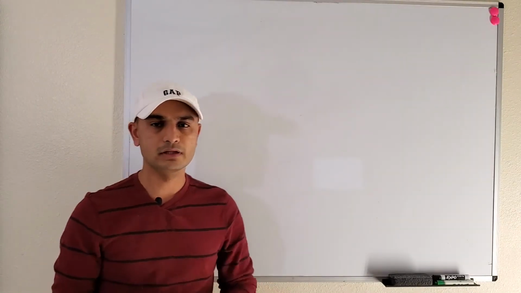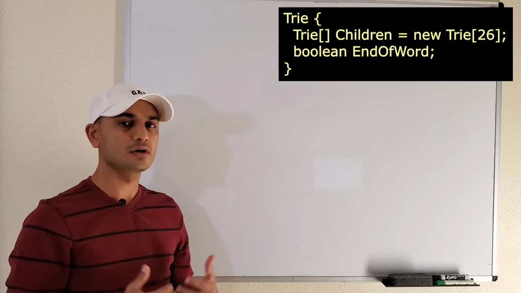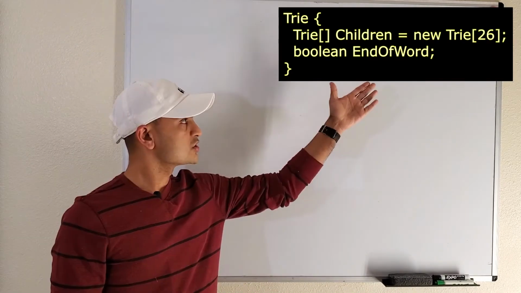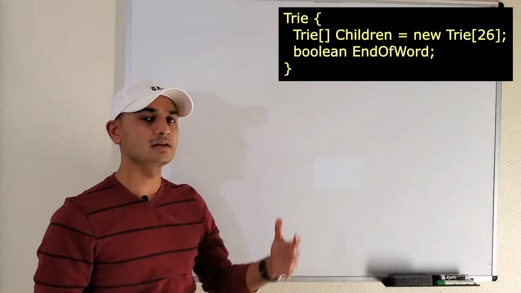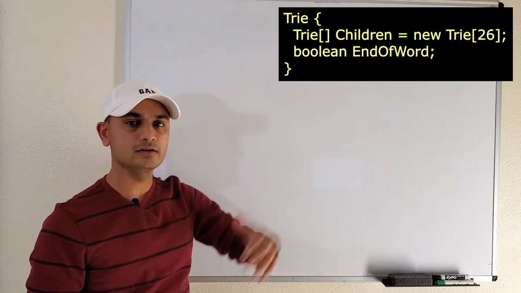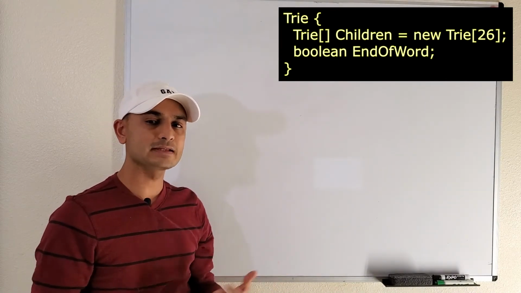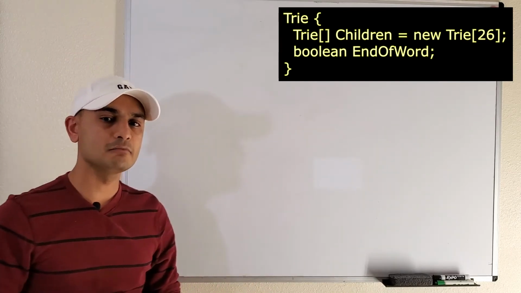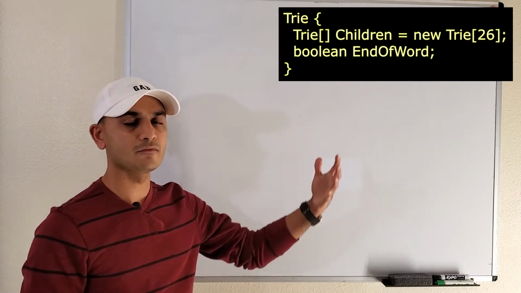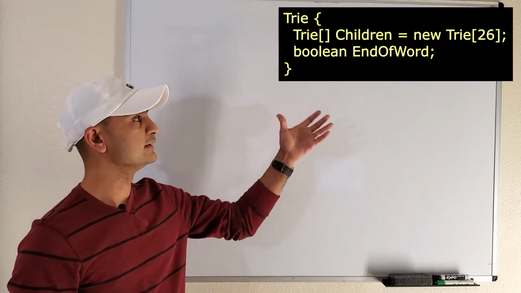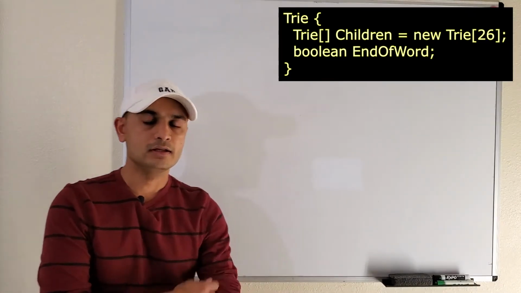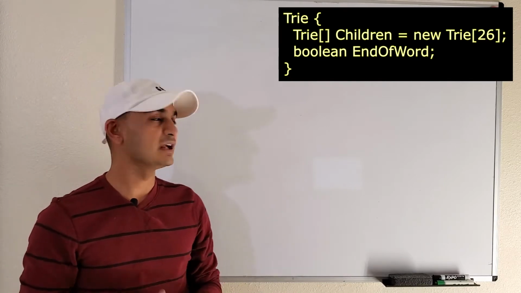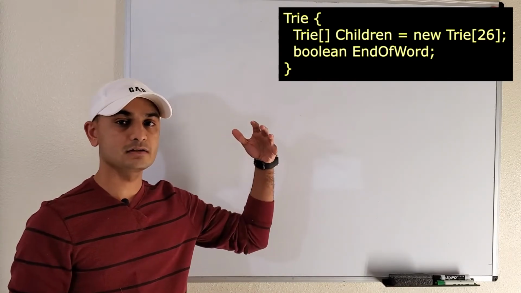A typical Trie definition or class would have a children array. In case of lowercase characters, we'll have 26 characters, so we'll have a children array of 26, and then we'll have a marker to say that this is the end of the word. In this case, we have a boolean. Now remember that there can be variations of this class.